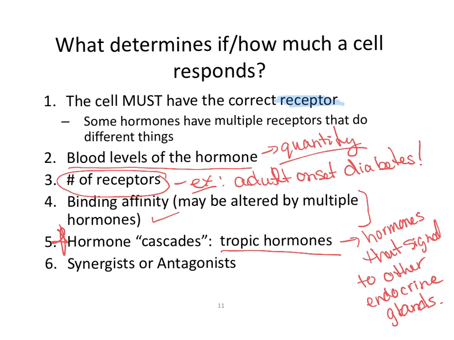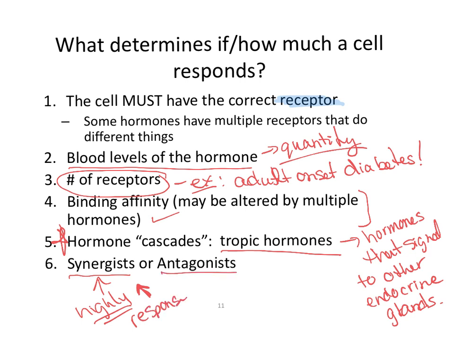Okay. And then the last piece that we should talk about are synergist or antagonist. Synergists work together to get you a severely or a really highly increased response. So I'm drawing that up arrow for increased response.